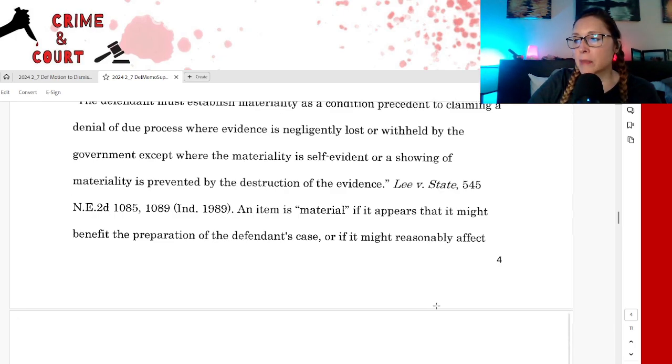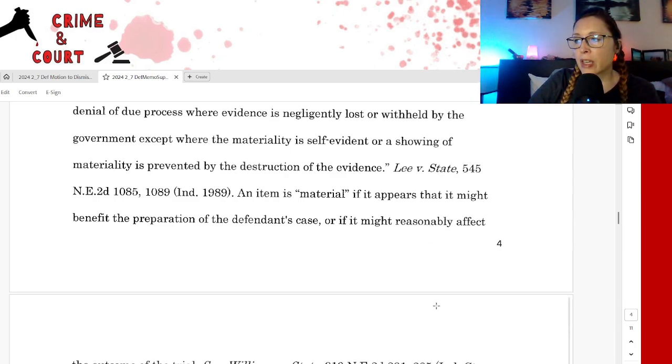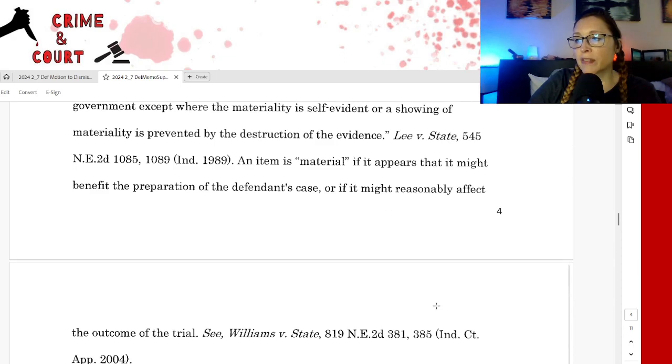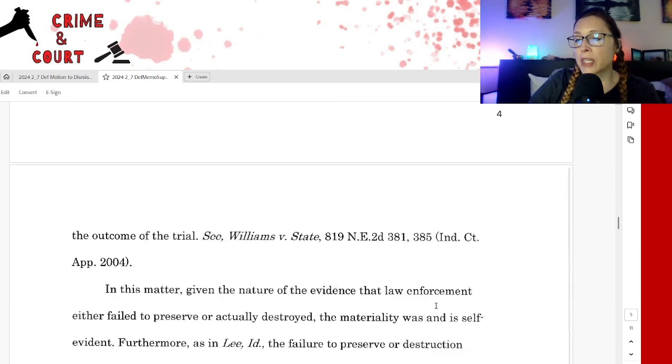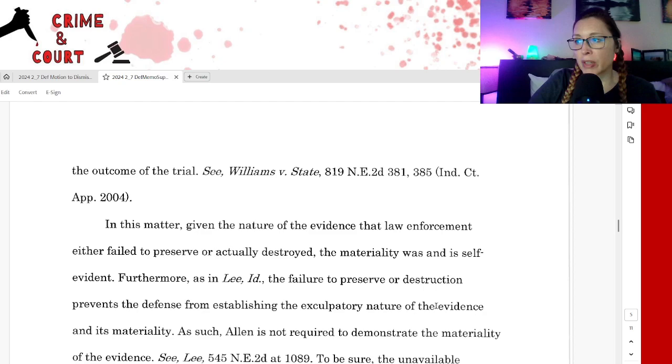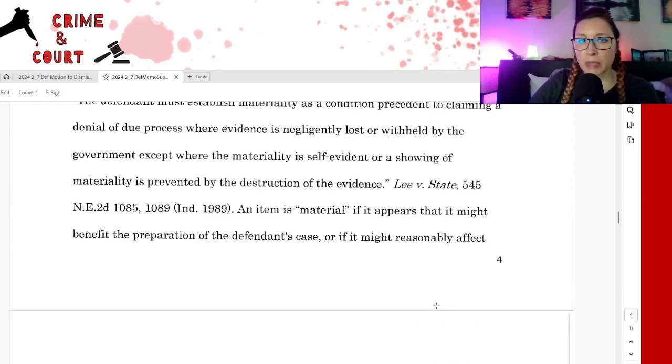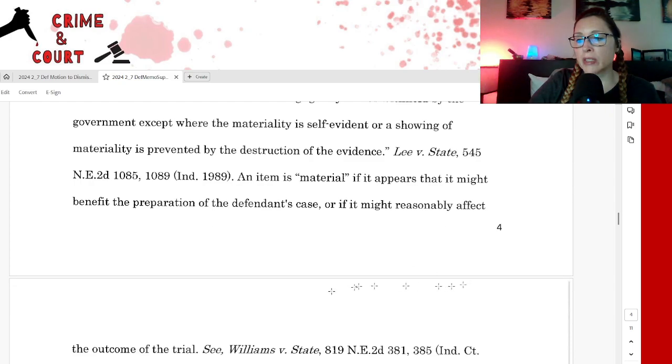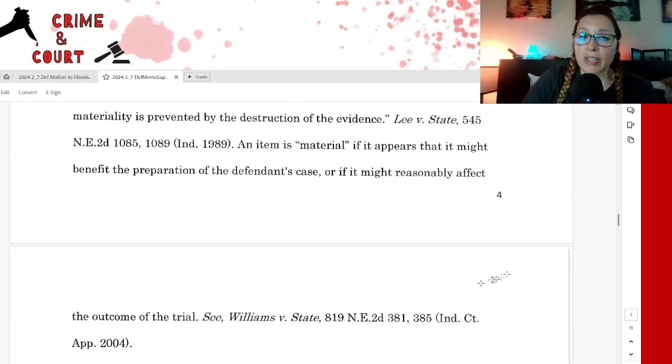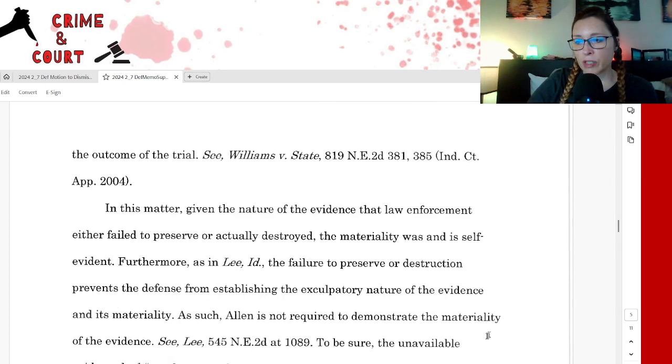An item is material if it appears that it might benefit the preparation of the defendant's case or if it might reasonably affect the outcome of the trial. So that's what makes it material. If it could benefit the preparation of the defense, or it could reasonably affect the outcome of the trial, that's material evidence, according to this definition.